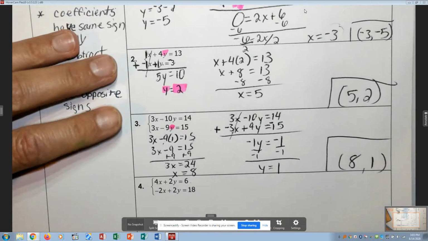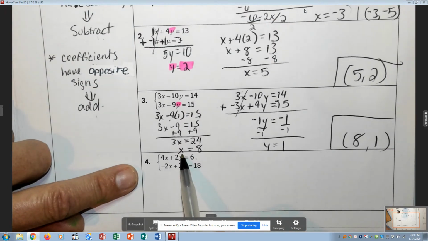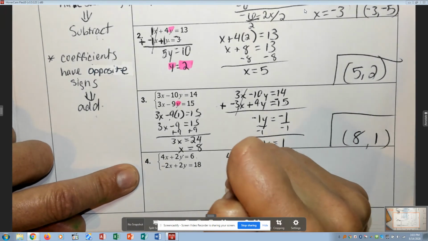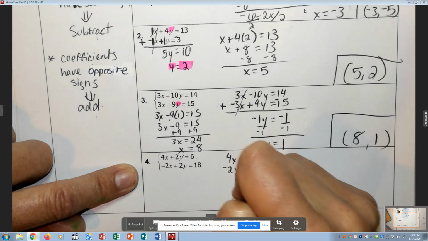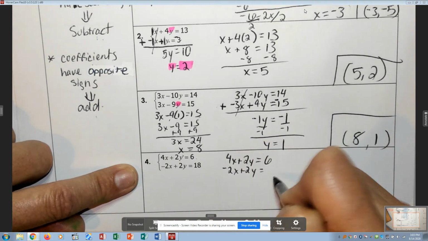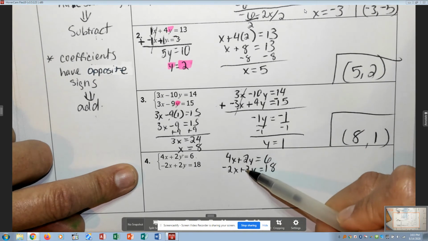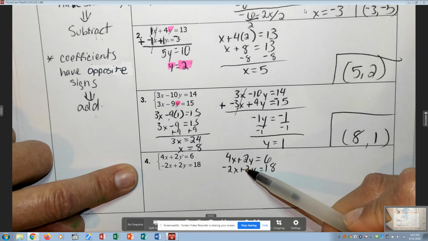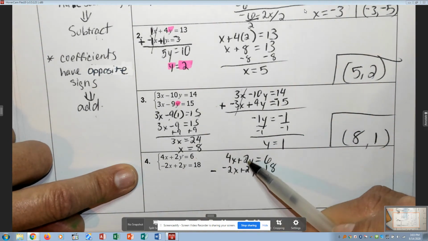Okay. So sometimes your x's are not going to be the same. Sometimes your y's are going to be the same. So let me rewrite this again, because I don't want to make that mistake. Okay, so my y's are in common, but look, they're both the same sign, so I would subtract the two equations because they are both positive 2.